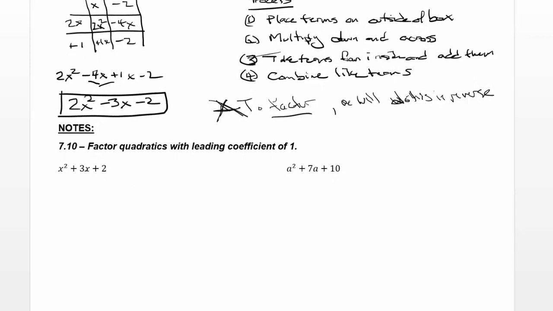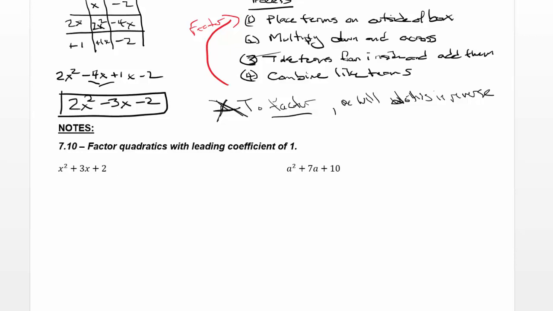So here's a trinomial. I'm going to try to figure out how to undo this process. If I'm going to undo, that means I need to go backwards through this, moving from the bottom to the top. So how should we do that?